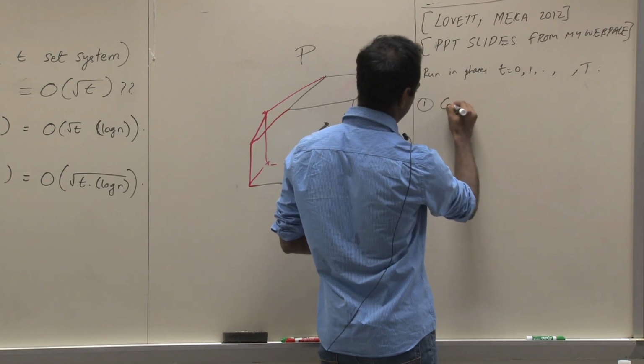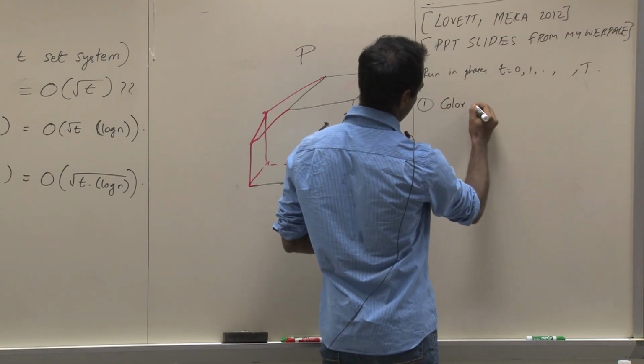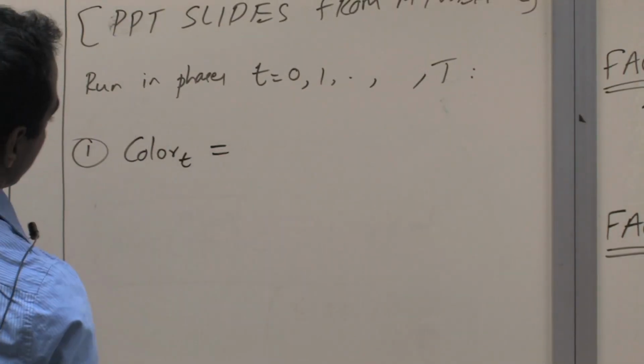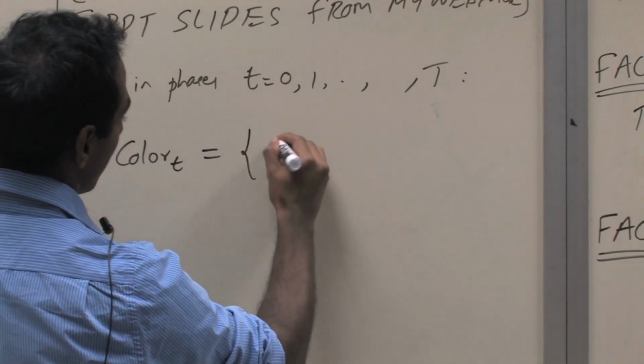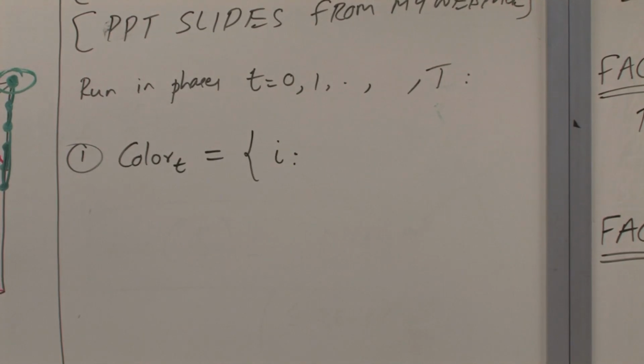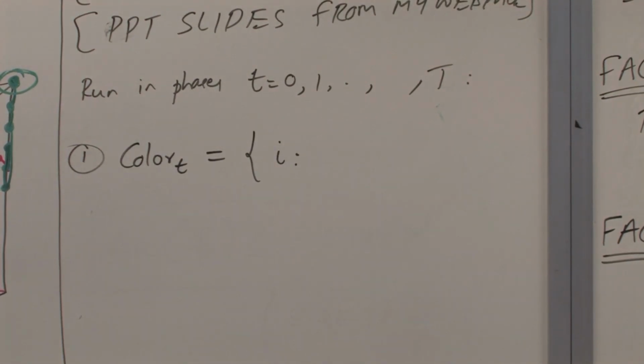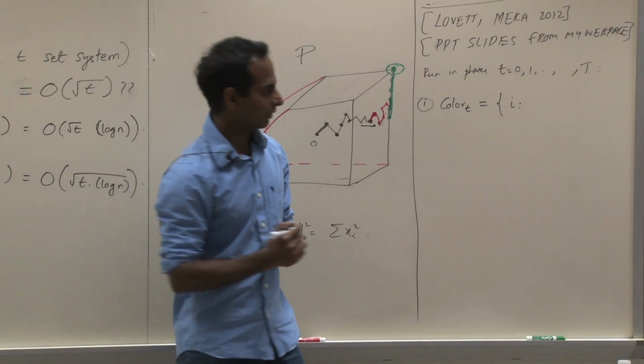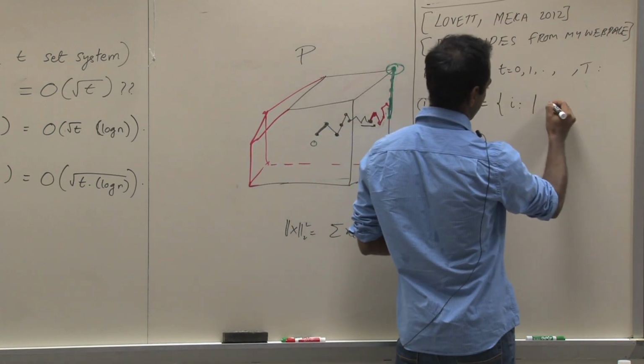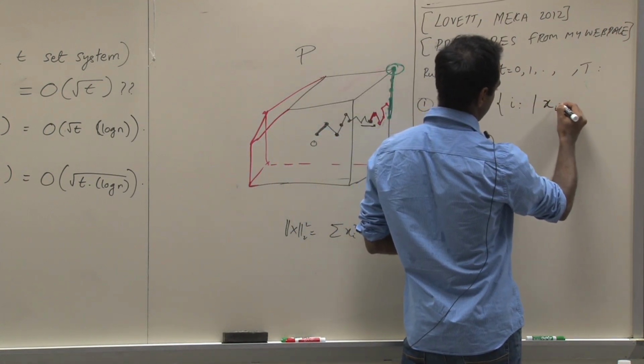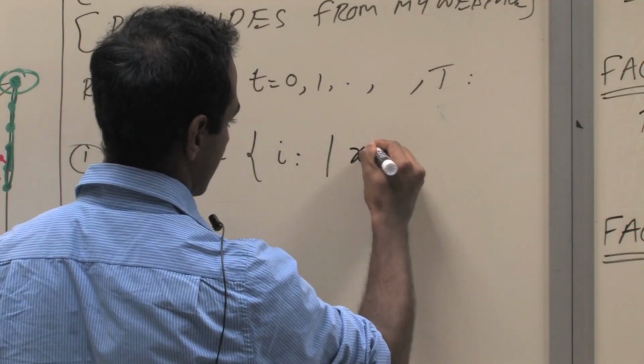So let's see. Let color T denote the set of all color constraints that are nearly violated by our current solution.